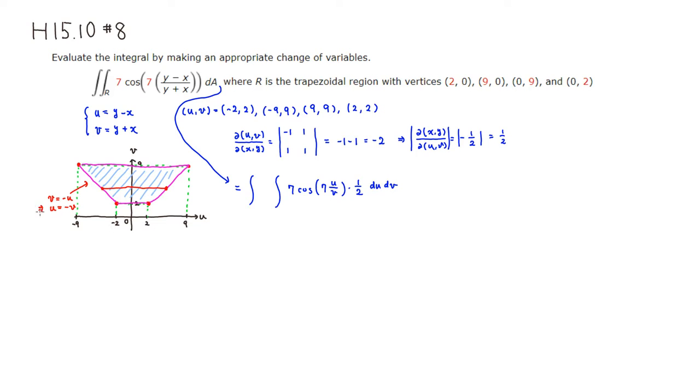And this one is u equals v. So we're going from u equals negative v to positive v. Then we start from v equal to 2 all the way to v equals 9.